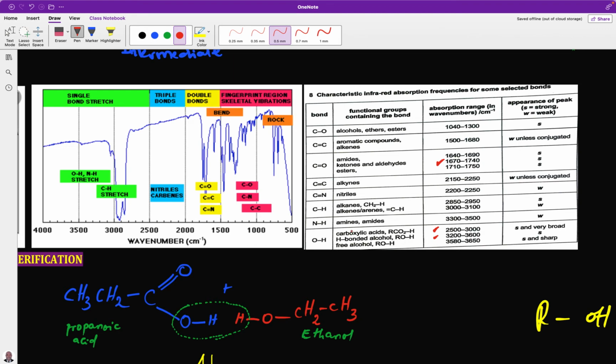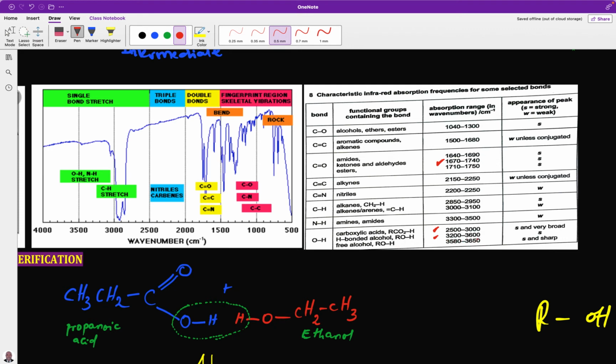But in propanoic acid, the OH bond peak is between 2,500 and 3,000. The OH bond peak in the alcohol, propan-1-ol, which is the compound W, will be between 3,200 and 3,600.